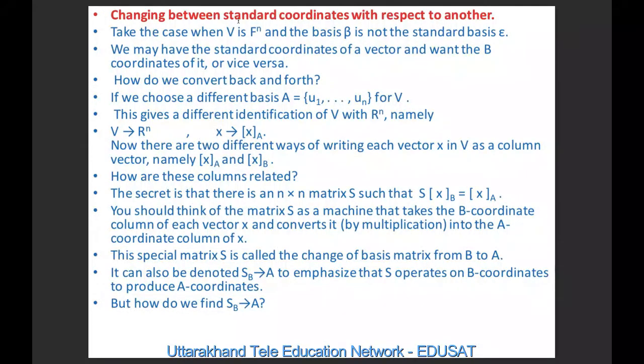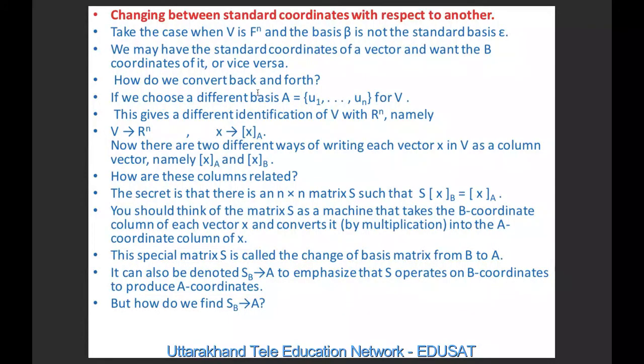Now, changing between the standard coordinates and coordinates with respect to another basis. Take the case when V is in Fn and beta is not the standard basis. We may have the standard coordinates of a vector and want the B coordinates of it, or vice versa.